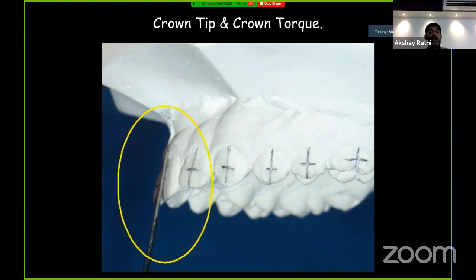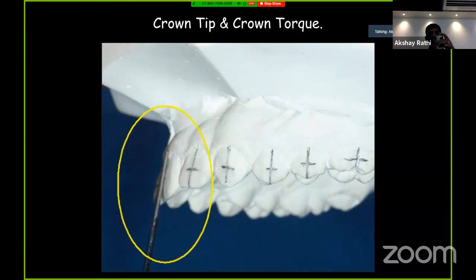So these are the various aspects of the torque of the teeth. So we need to distinguish between the tip and the torque. If this were the tooth, this would be the tip of a tooth. So my central incisor on the right side will be tipped like this, whereas the picture that you saw of the left incisor will be tipped like this.